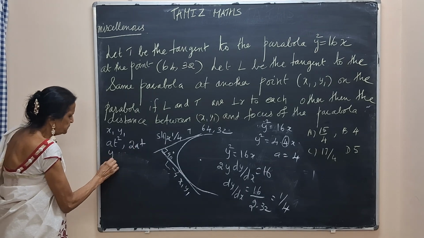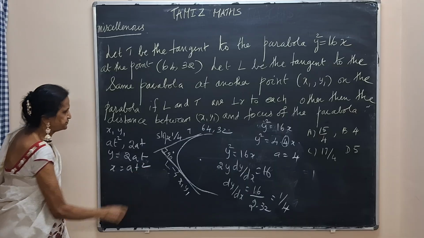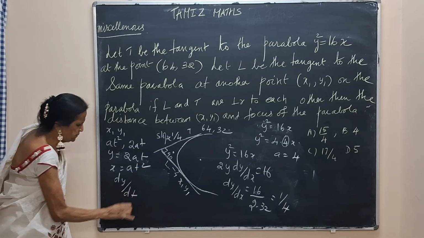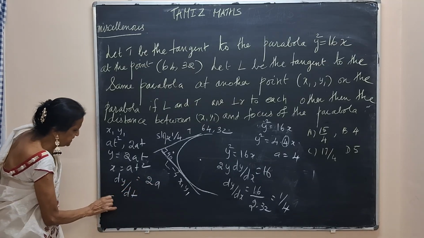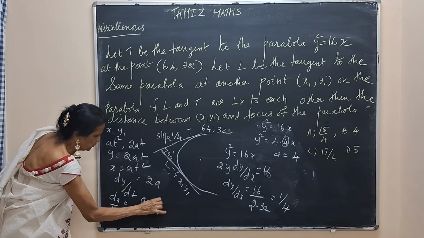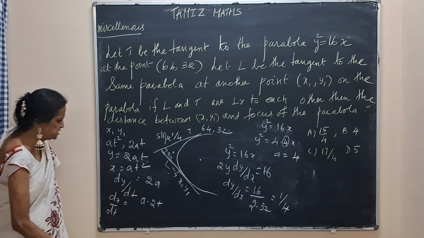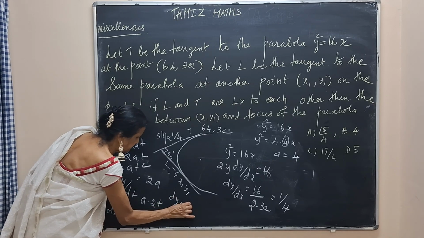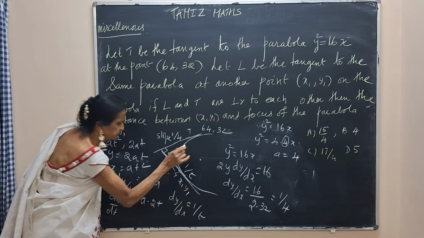So y is 2at and x is at squared. We have to find dy by dx. Let me go for dy by dt, that is 2a. dx by dt is 2at. dy by dx will be 1 divided by the other, which is 1 by t. So the slope of this is 1 by t.